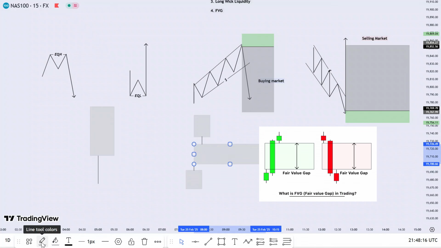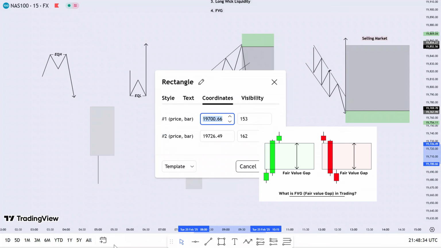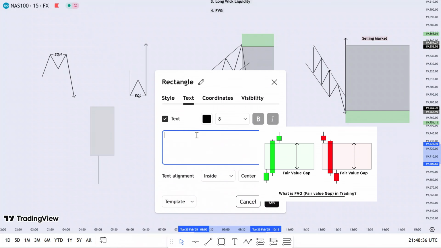So it has to be a fair candle sequence. Okay, so that is what is known as fair value gap. But also, if this illustration did not help you understand it, I'll put a screenshot of it by the side so you understand it more properly. So we have our fair value gap here, FVG.